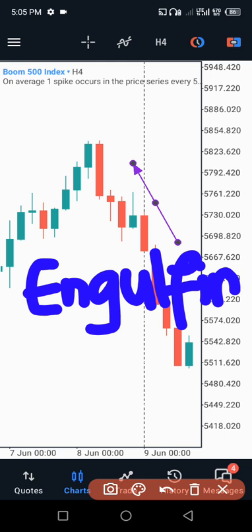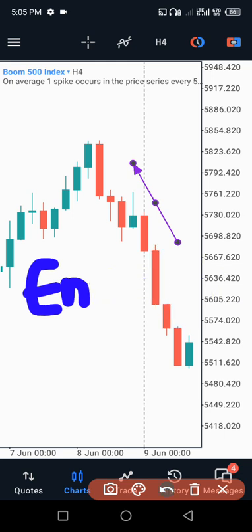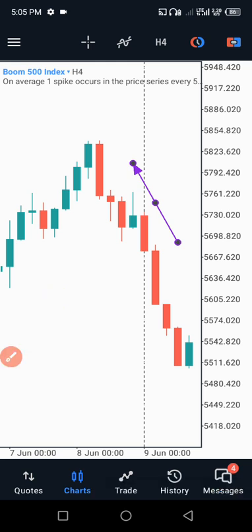I'm just going to explain what this candlestick pattern is all about, and then how to use it whenever we see this candlestick pattern on our chart. So when we talk about the engulfing candlestick pattern, it means that one of the candles definitely has to cover the previous candle.